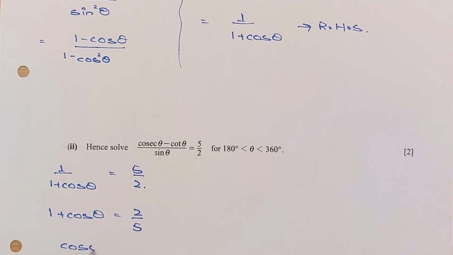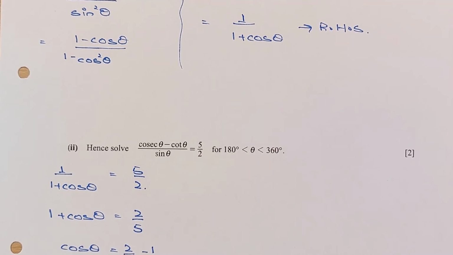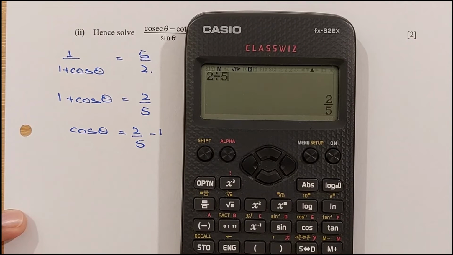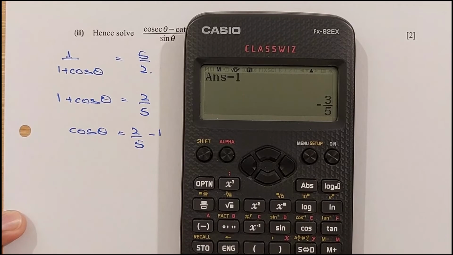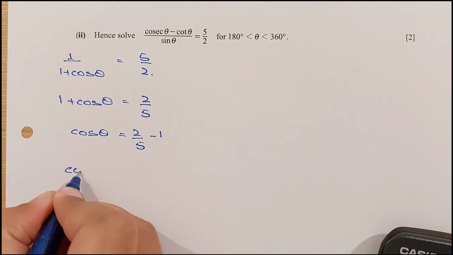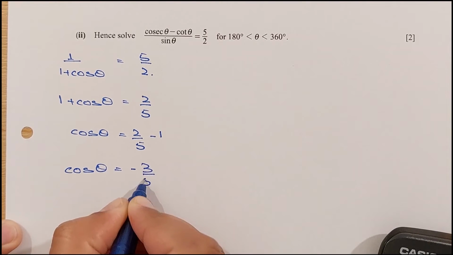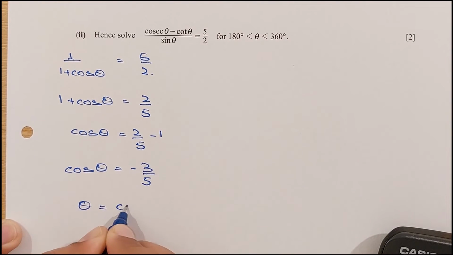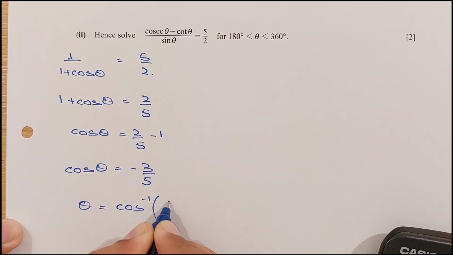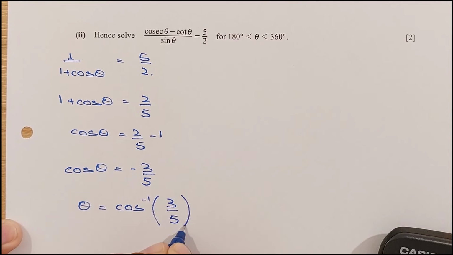And cos theta is equals to 2 by 5 minus 1, right? 2 by 5 subtract 1 is negative 3 by 2. So cos theta is minus 3 by 2, 3 by 5, sorry. And theta is, let me solve for the positive one, cos inverse of 3 by 5, right?